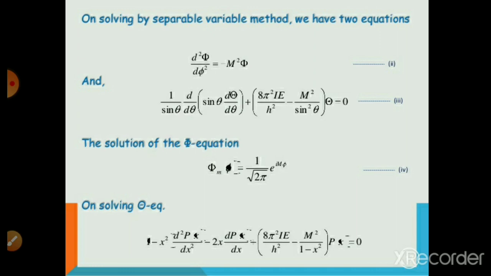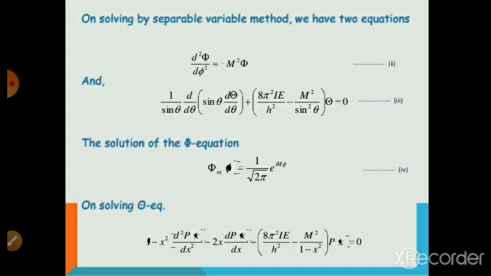First is d square phi by d phi square is equal to minus m square phi. The second is 1 by theta sin theta d by d theta of sin theta d theta by d theta, plus 8 pi square I E by h square minus m square by sin square theta, times theta, is equal to 0.